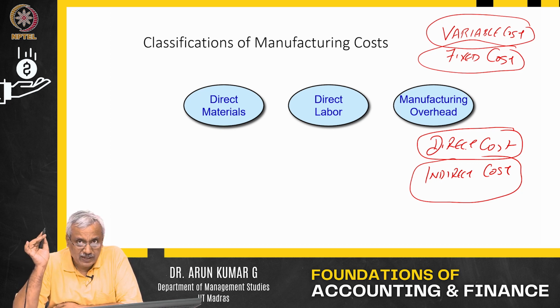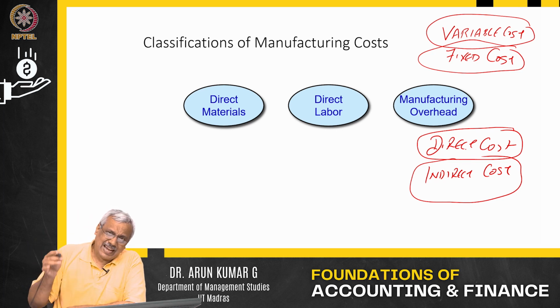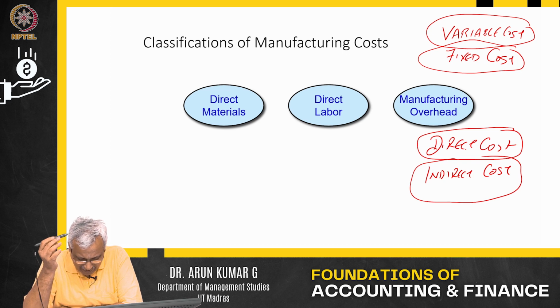Direct cost is the cost that can be directly traced back to the end output. I used the example of this pen. I said I have 5 granules of plastic, I can make a pen out of them. Each granule can be traced directly to a pen, that is the linear direct relationship. Such costs are all called direct cost.